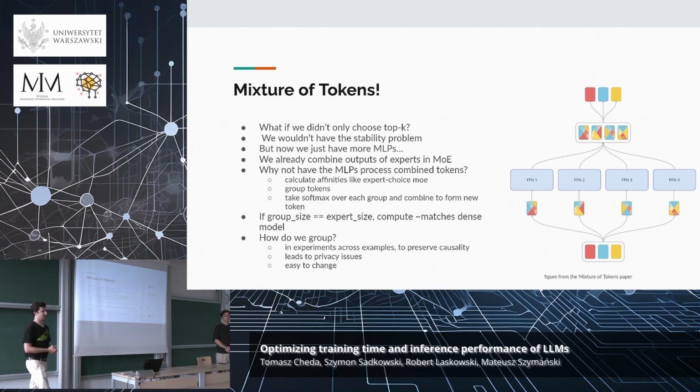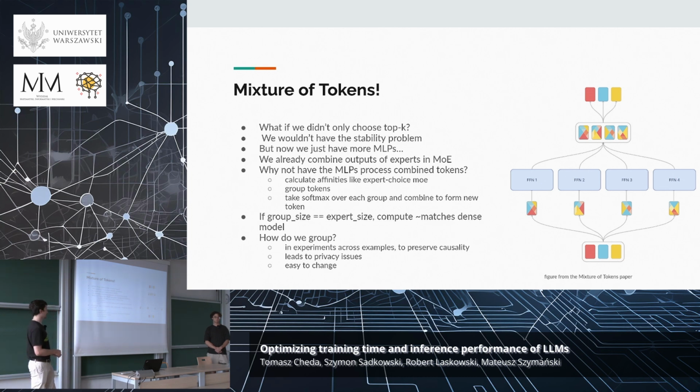So the idea in the mixture of tokens paper that we prepared an implementation for is that, well, if we're already combining the outputs of the different experts, maybe we can combine the tokens before we process them in each MLP. We calculate the affinities like we did for expert choice MOE, the last one that I talked about. We then group tokens.